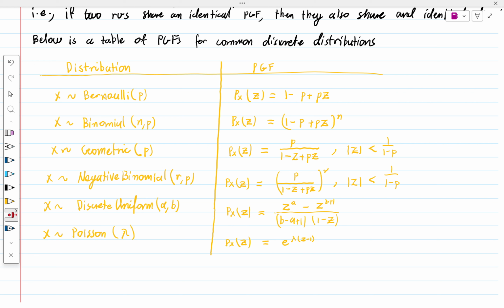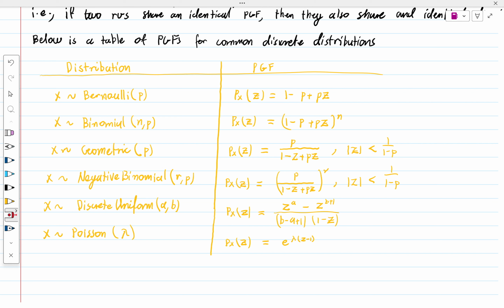It is a different probability generating function if we are dealing with the alternative definition. Similar to the negative binomial, I'm defining this as the number of failures before the rth success, not the total number of trials before the rth success.